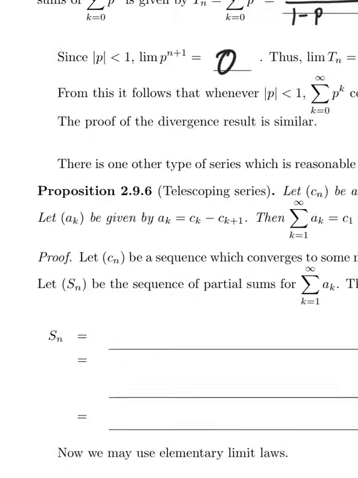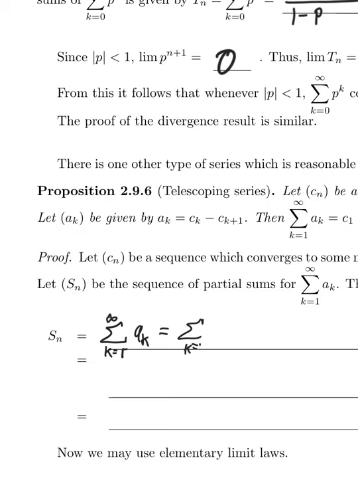So, Sn is the sum from k equals 1 to n of Ak, but I know what Ak is. That's the same as the sum from k equals 1 to n, and I'm going to be very careful with my subscripts because I've already had to re-record this once because of screwing up the subscripts, of Ck minus Ck plus 1.